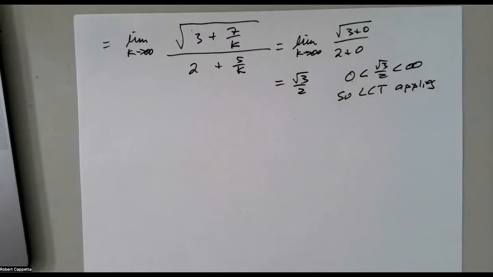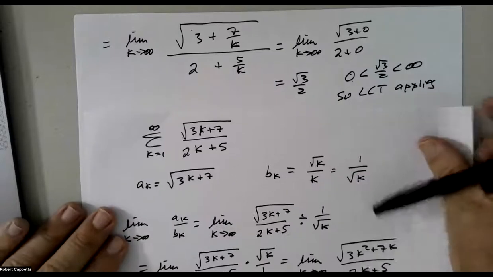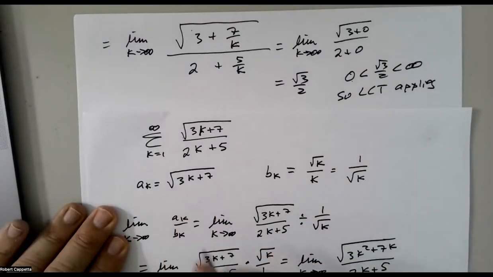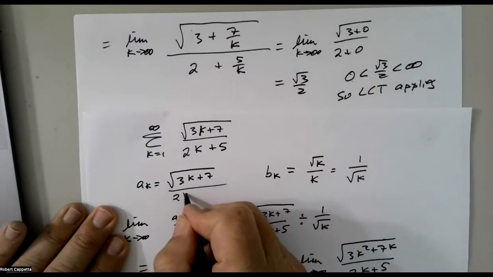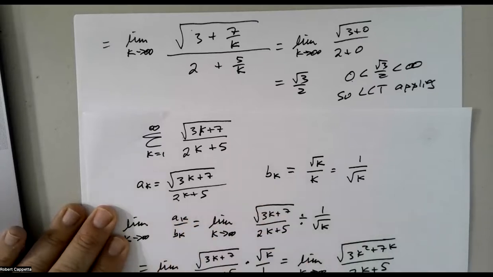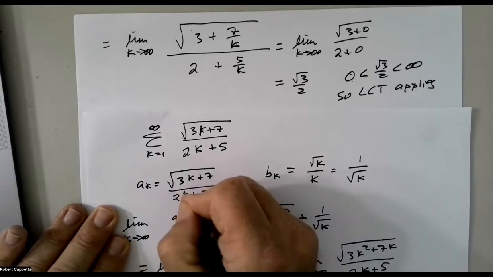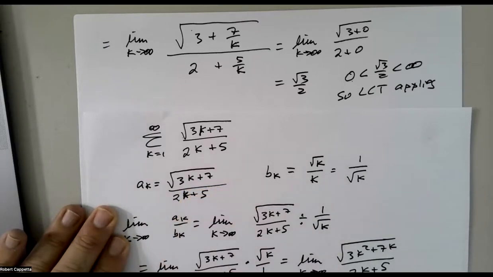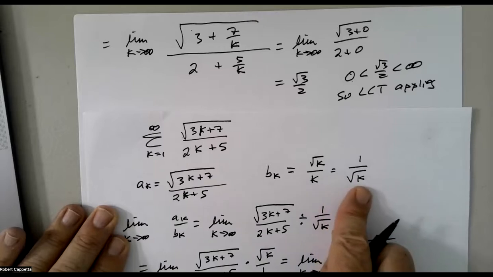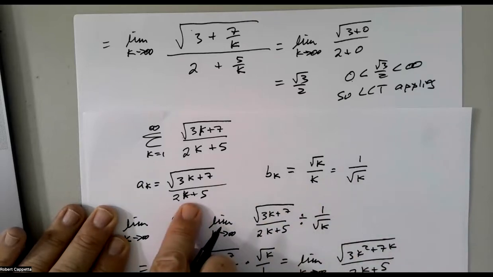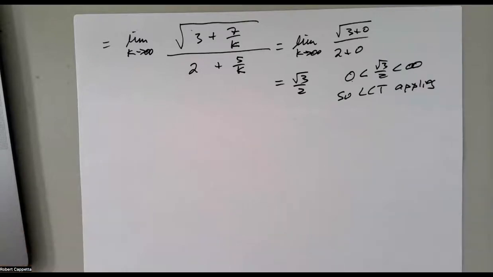What was my original story, right? A sub k should have been root (3k plus 7) over (2k plus 5). B sub k is 1 over root k. And we're good there. The sum of 1 over root k diverges by the p-series, so this one does as well.